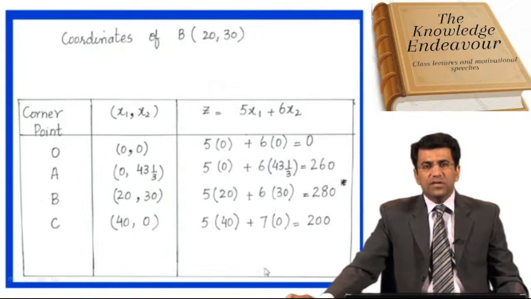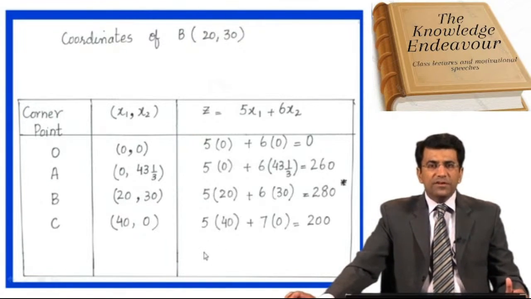In this particular case our maximum profit is 280, because that is the best alternative among all of these feasible alternatives. So what is the final decision? That the operations manager will have to produce 20 units of X1 and 30 units of X2 in order to maximize his profit equal to 280.